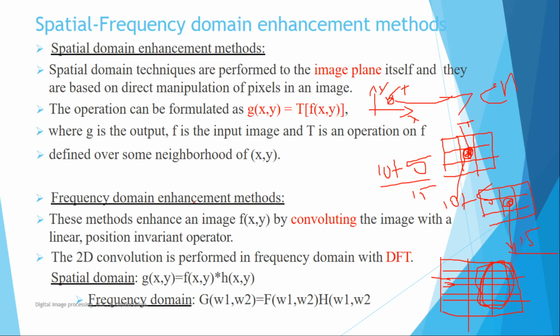So remember, in frequency domain enhancement, we should not directly apply the enhancement tools on the original pixel values. We have to convert the original pixel values into the frequency domain. After getting the frequency domain values, only then we apply the enhancement methods.